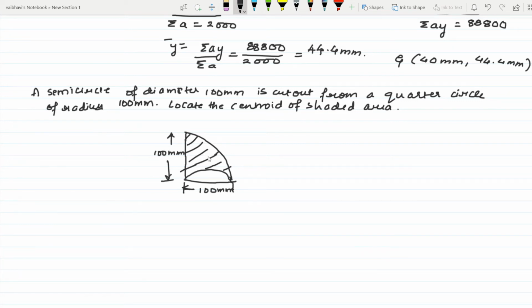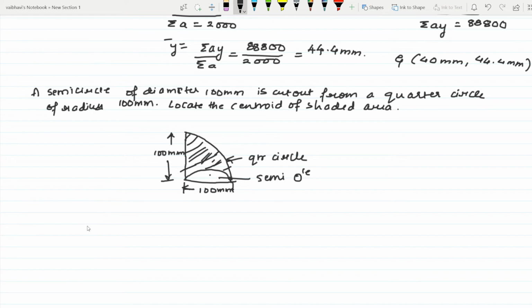Now first what we have to understand is we have to take the values for this quarter circle and we have to subtract the values for this semicircle. So we have to subtract values for this semicircle, then we will get the centroid of this shaded portion. Okay, that is the logic. First we have to understand this concept, then we can move ahead.